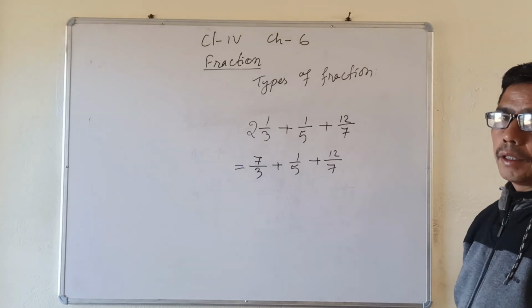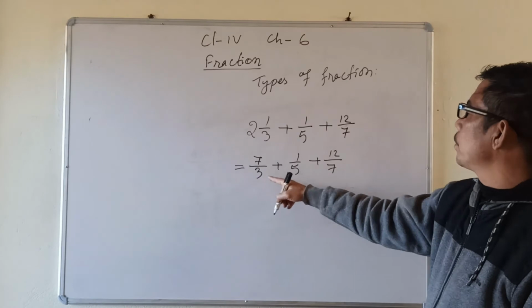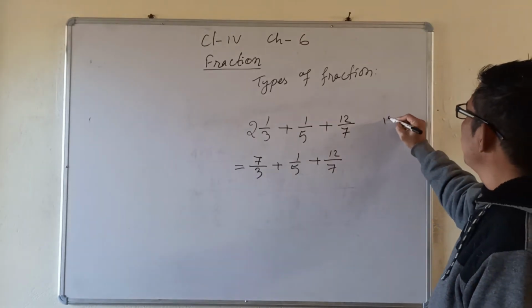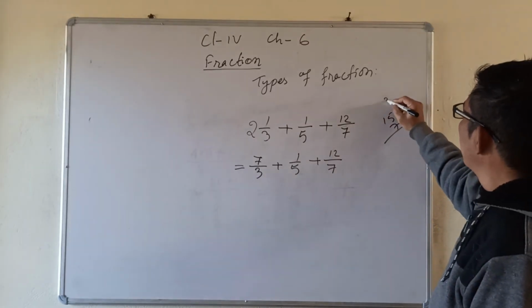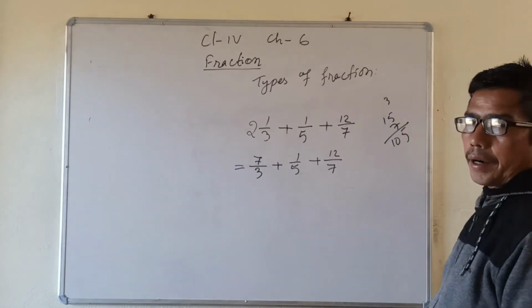Now this becomes a group of unlike fractions. We have to take the LCM of the denominators. LCM of 3, 5, 7, you will get 105.